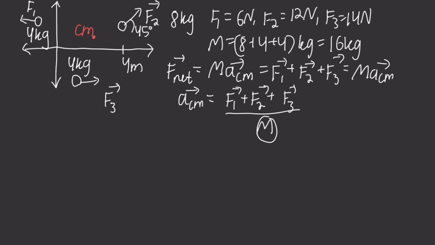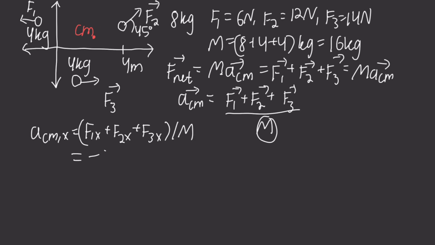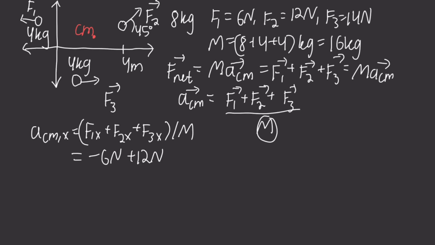So we have the acceleration of the center of mass in the x direction is just equal to F1x plus F2x plus F3x all over m. And this is, so F1 is just equal to negative 6 newtons, and F2 is 12 newtons times cosine of 45 degrees here, and then add 14 newtons.